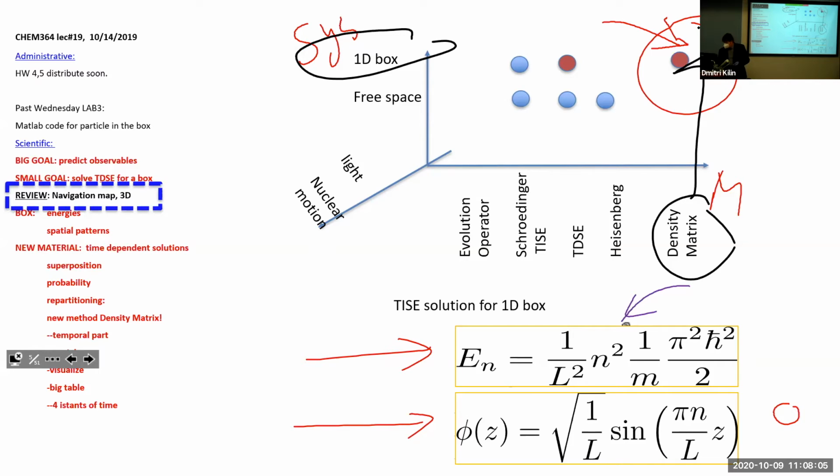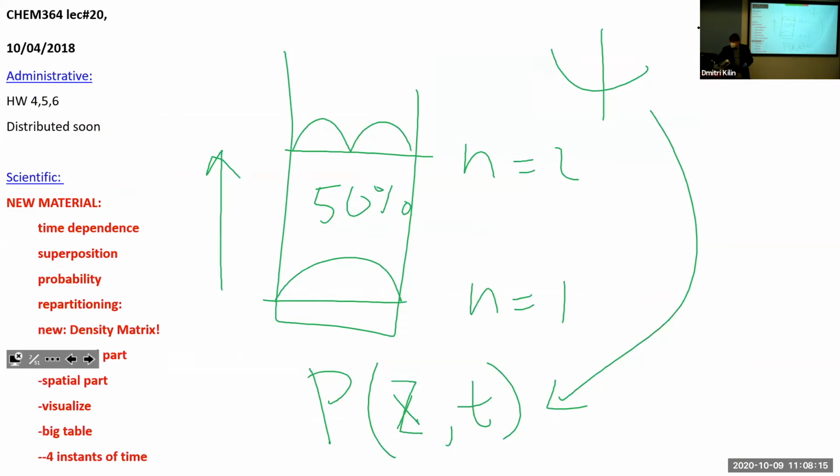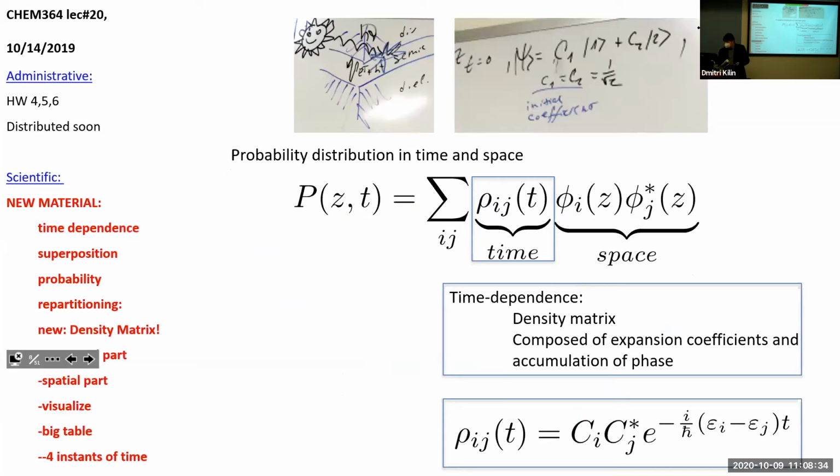The equations at the bottom are something that would be great if you memorize. If not, I would not reproduce them in the middle of the night, I would just rewrite them. So we are exciting the electron from the ground state with n equals 1, which is matching boundary conditions, like a camel with one hump, into the camel of two humps, but not completely 50%, and looking at how things are changing in time.